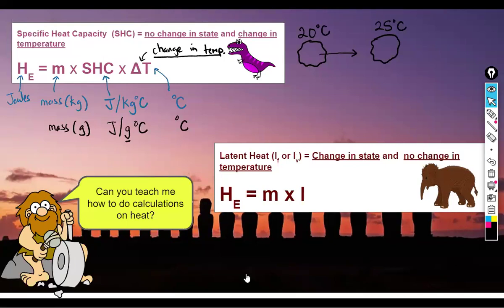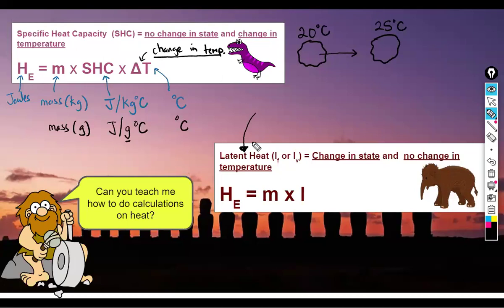So the second formula has to do with something called latent heat. So latent heat is a special type of heat where it does not create a change in temperature. And I think I had mentioned this last week.